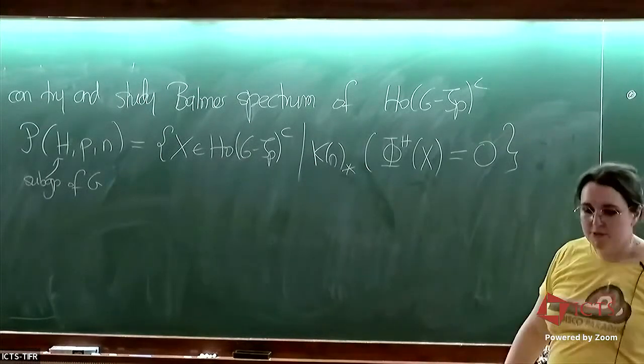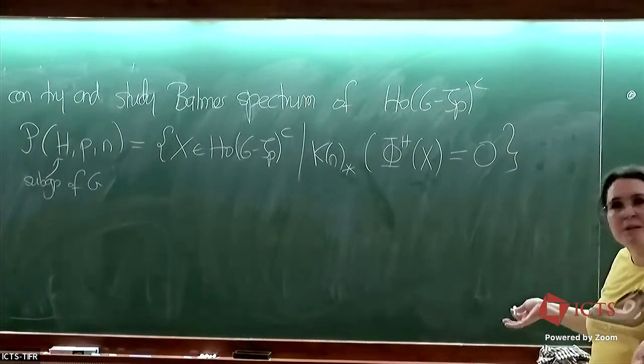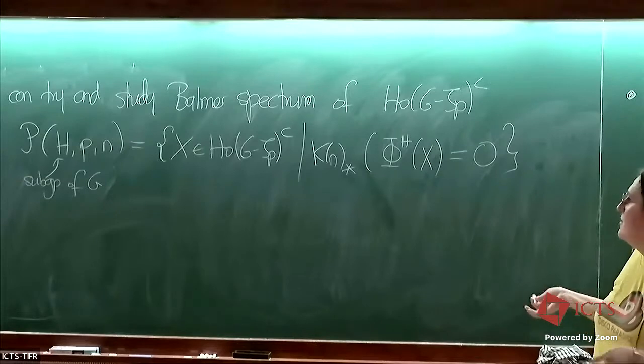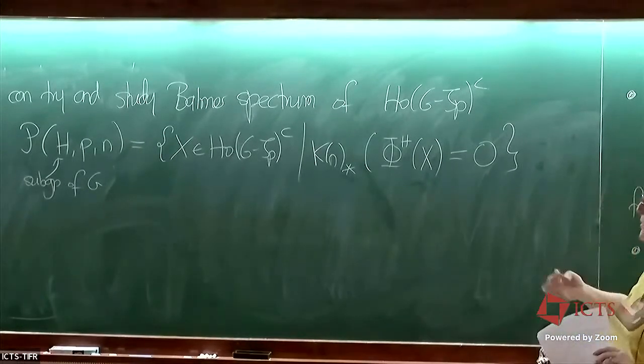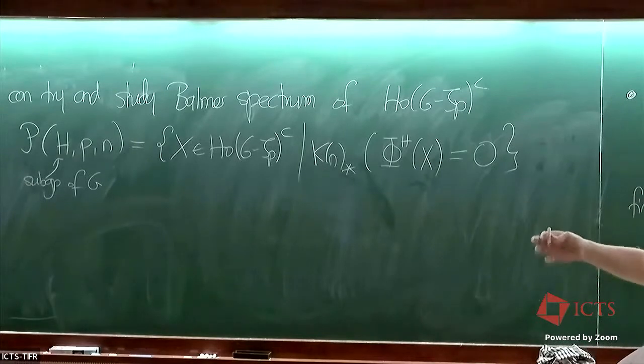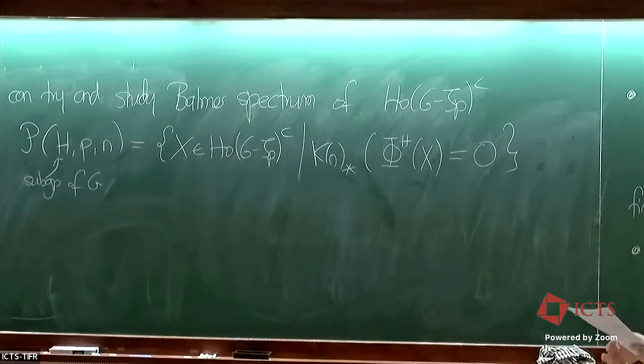Then, of course, the question is, can one draw pictures? Yeah, so in order to try and draw pictures, people have to figure out for which H's and P's and N's these would be included in one another.